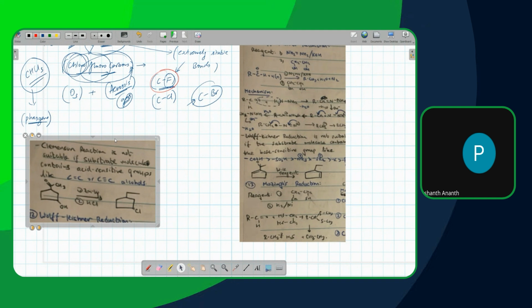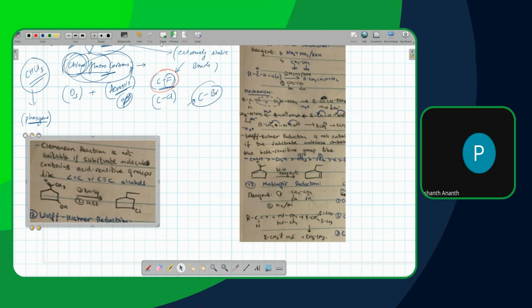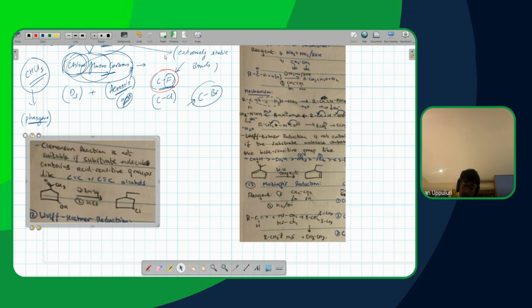What is the key point there? How do you write a synopsis for that one? Hydrogen will attack the double bond.